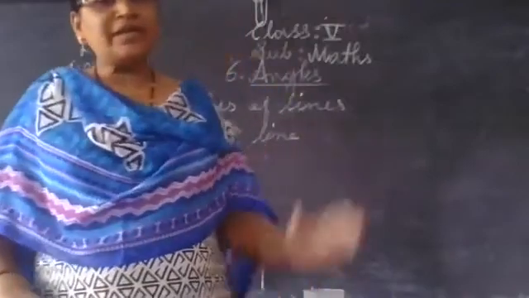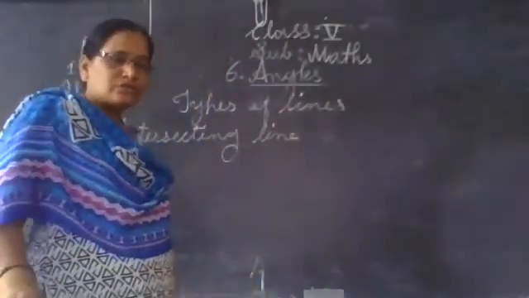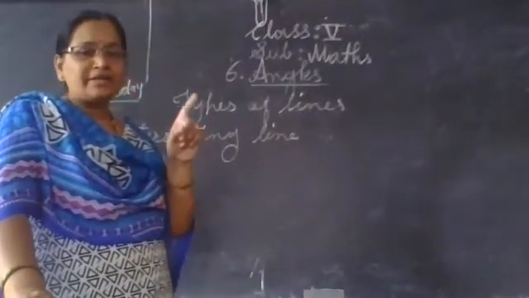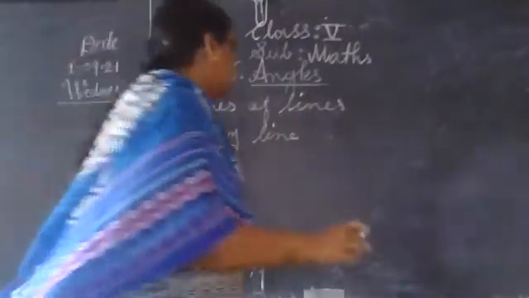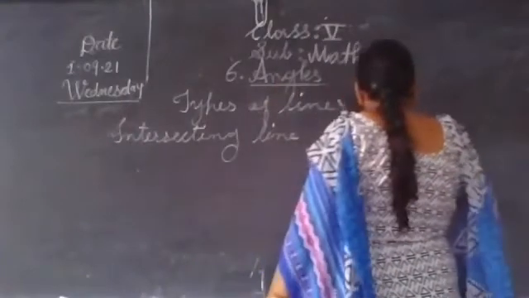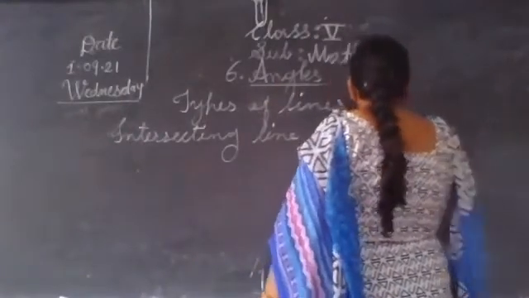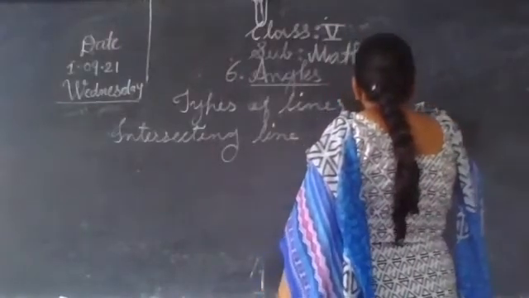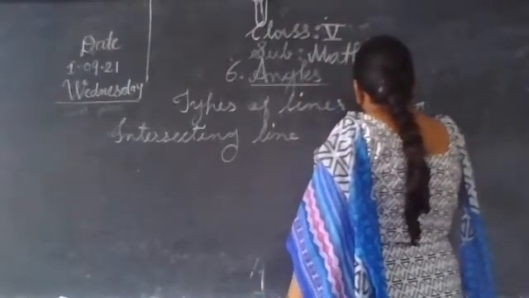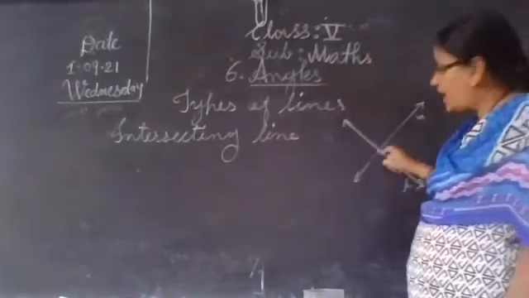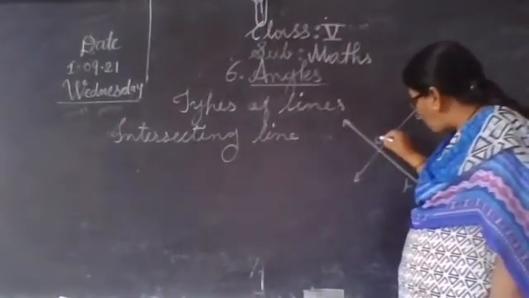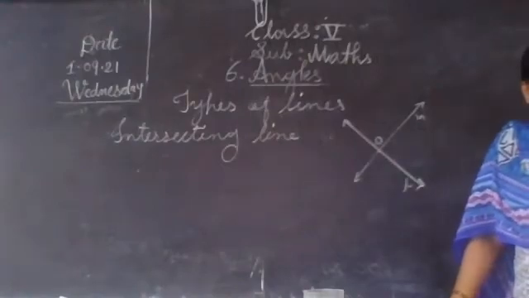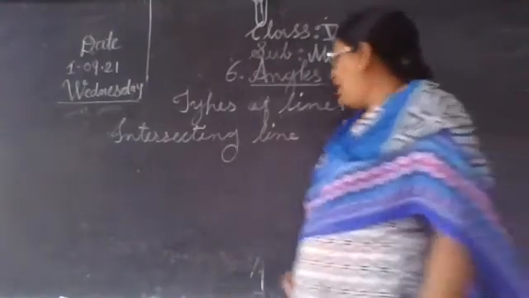When two lines intersect each other at a single point, see, this is line L and this is line N. These two lines intersect each other at this point O. Then two lines are said to be intersecting lines.